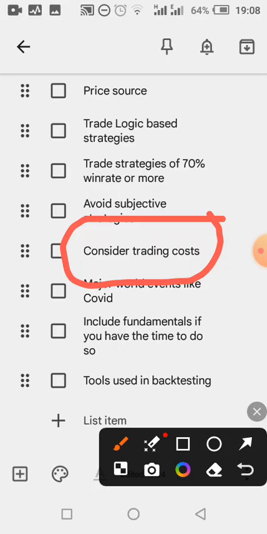Now when trading, in case the instruments have a significantly bigger spread which can affect your trades, especially the trades for very small time frames.